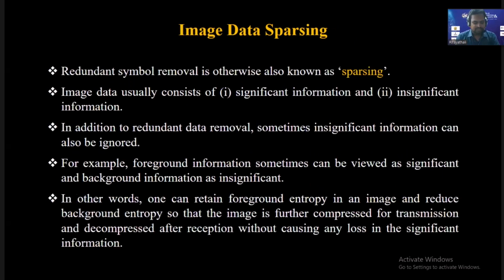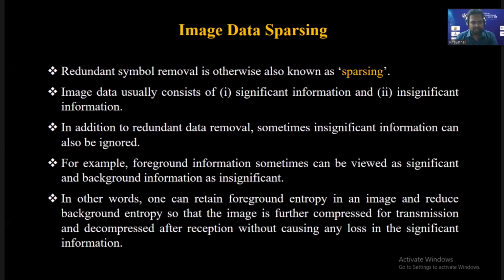Let me briefly explain image data sparsing. Redundant symbol removal is otherwise known as sparsing. Image data usually consists of significant information and insignificant information. In addition to redundant data removal, sometimes insignificant information can also be ignored.